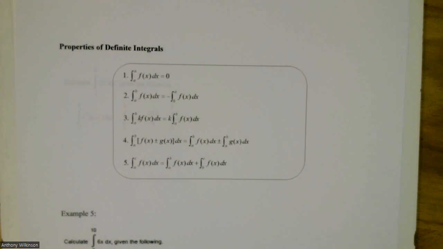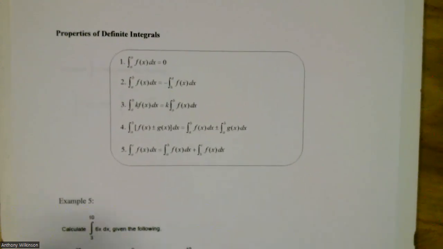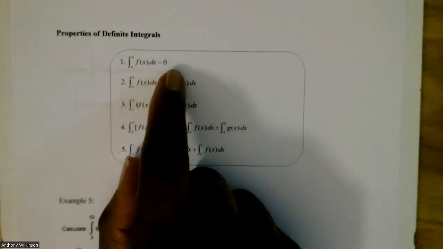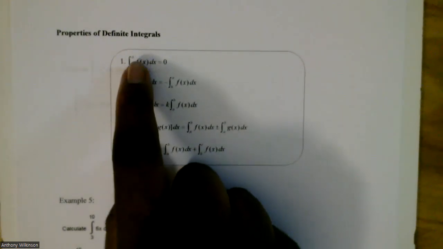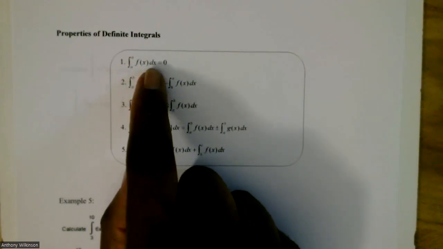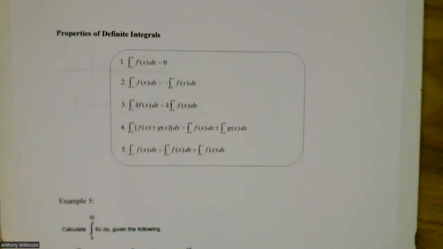Right. Now, the next thing we'll look at is the properties of definite integrals. And here are the 5 properties of definite integrals that we will look at, starting with number 1. The integral from a to a of f of x dx will be equal to 0, because notice that the lower limit and the upper limit are exactly the same.